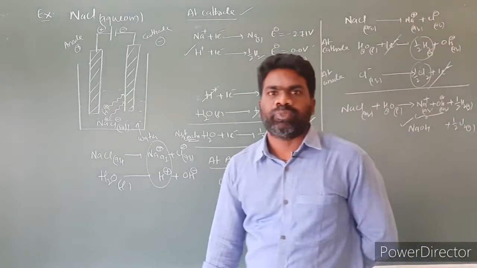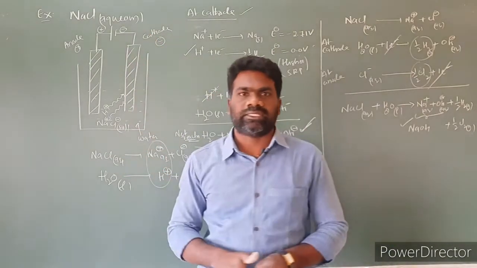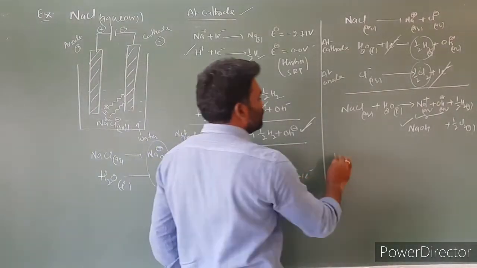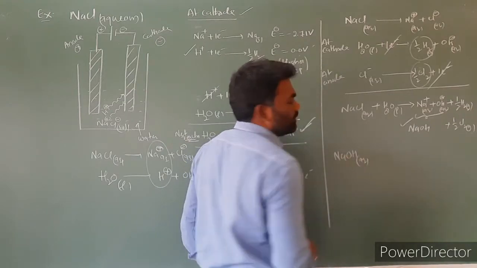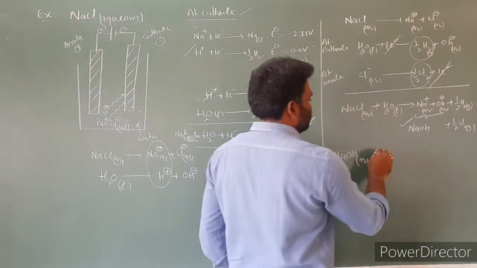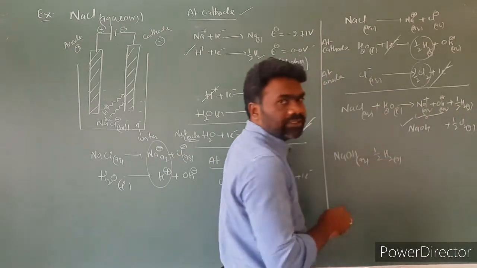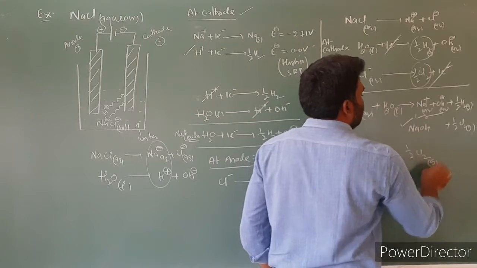So these are the products formed in electrolysis of aqueous NaCl. What are the products formed in aqueous NaCl? One product is sodium hydroxide in aqueous state. One product is half H2 in gaseous state. And one product is half Cl2 in gaseous state.